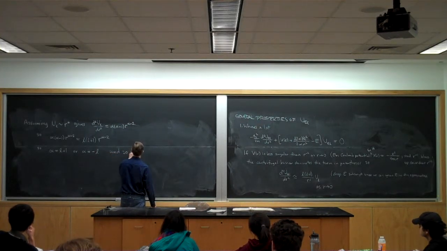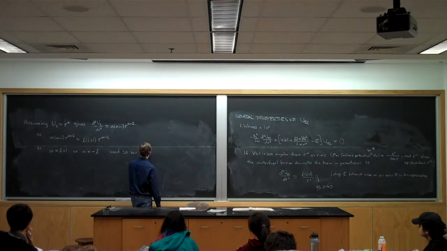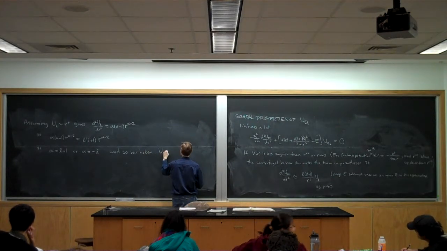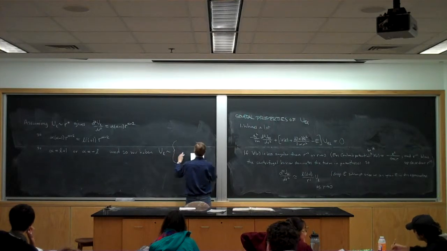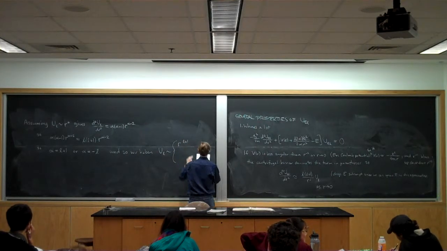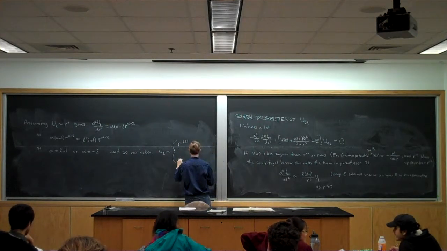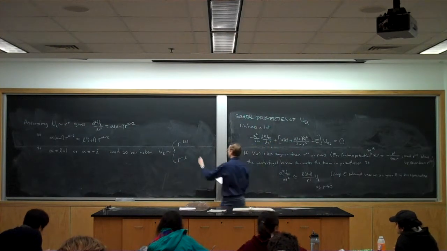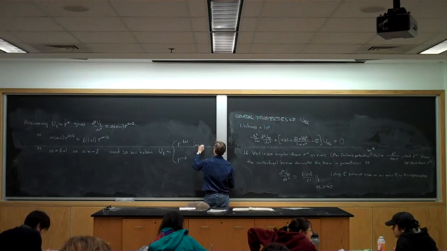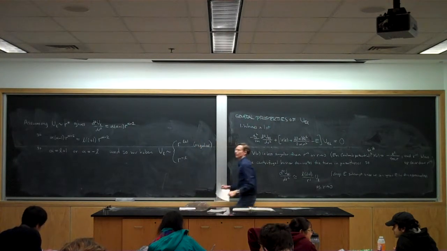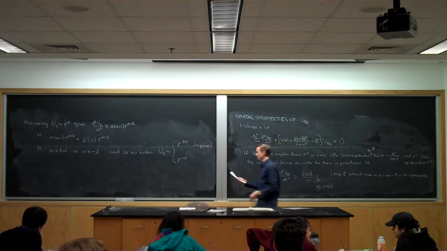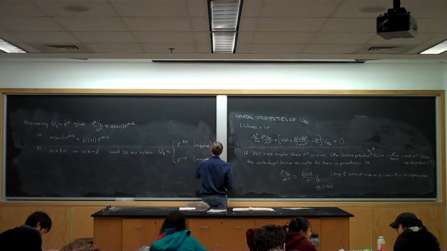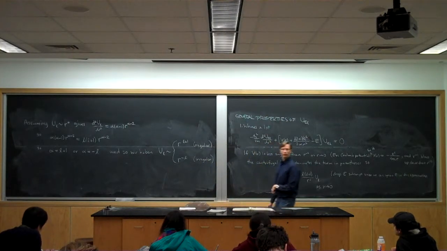And so we have u_L goes like r to the L plus 1 or r to the minus L. Either one of those will work. So that would be what we call the regular solution, and the other one is the irregular solution.